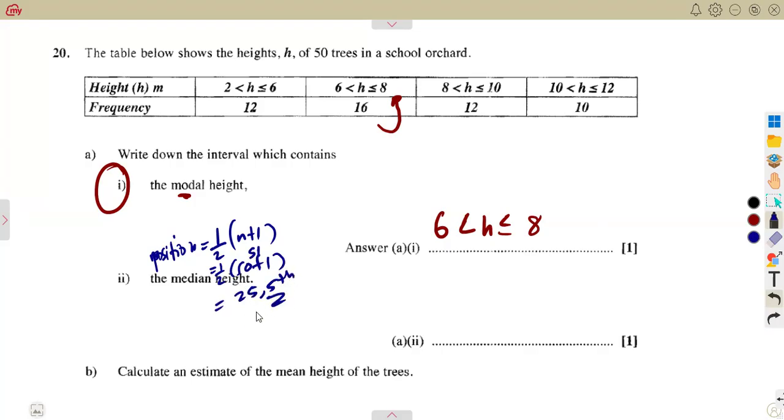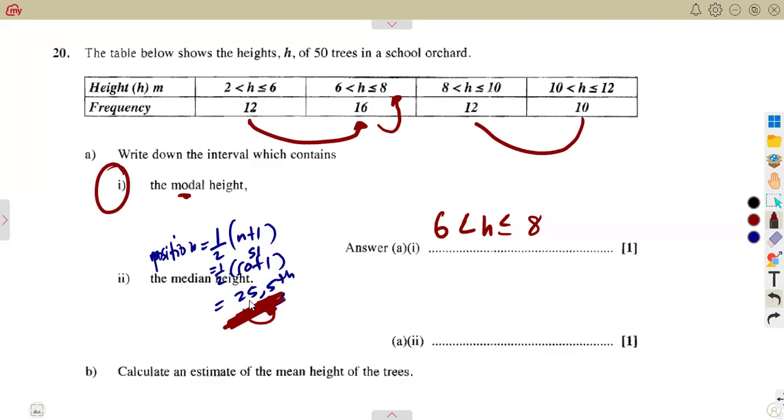It's a position. Where are we going to get the class in this position? 10 plus 12, that's 22.